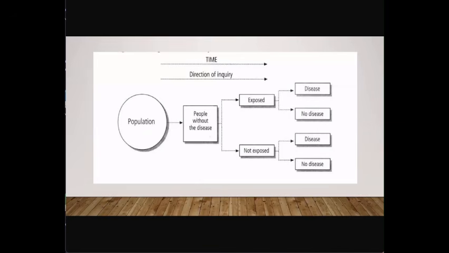Relative risk being 10 means that the disease is 10 times more likely. In this instance, lung cancer is 10 times more likely to develop among those exposed to, say, cement dust compared to those not exposed to it, right? We did not say that cement dust caused lung cancer.